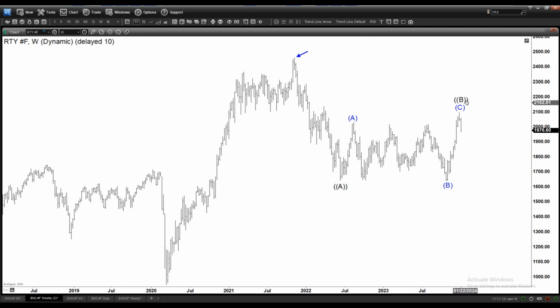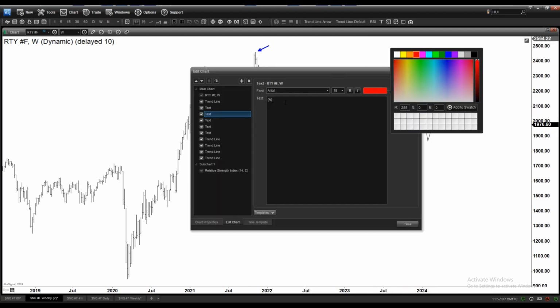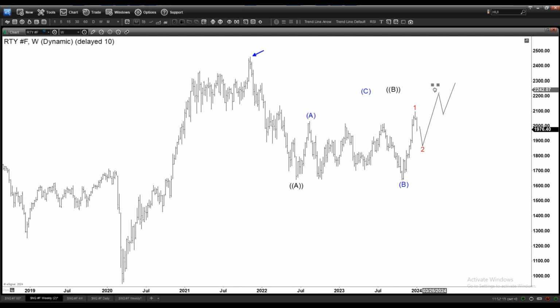Or if we're going to extend higher a little bit more, then this could be like this. 5 ways up, and this is only one of C. Right? It could be one of C like this. Now, what is this index telling us here?